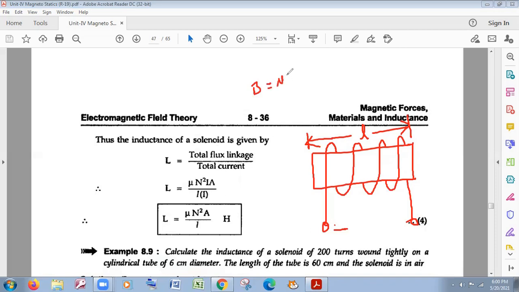B is nothing but mu into H, or B is equal to mu naught into H. The total flux linkage is mu N square I A by l, and total current is I, where A is the area of the solenoid and l is its length. So L is equal to mu N square A by l, which is the inductance of the solenoid.